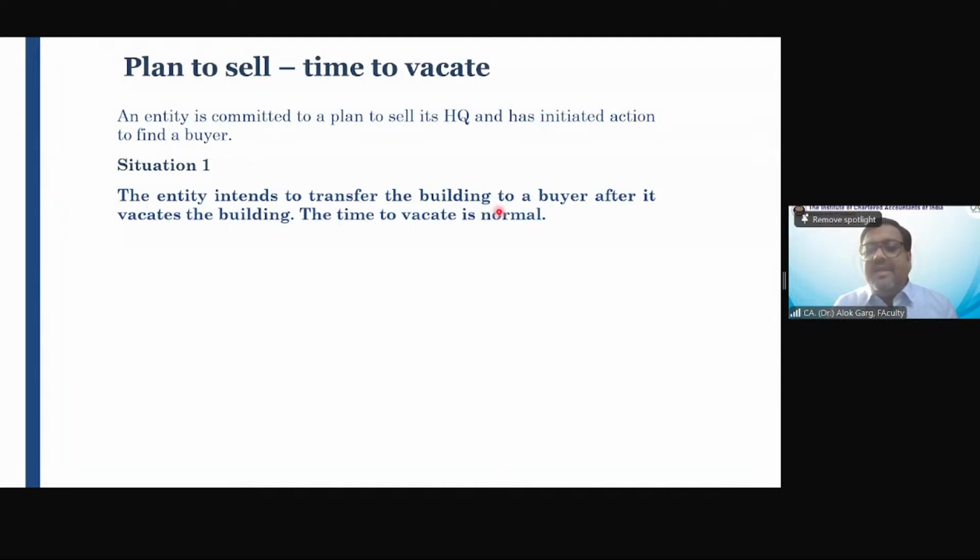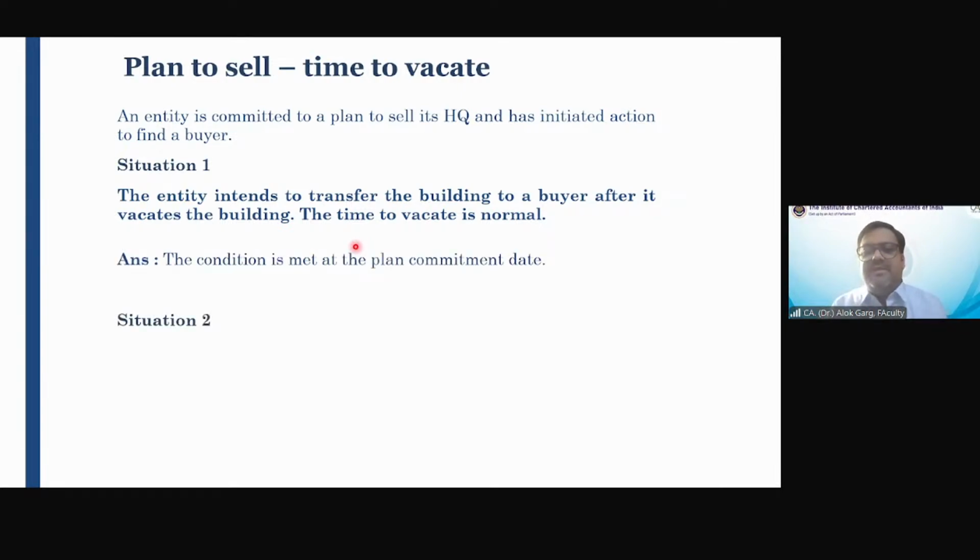The entity intends to transfer the building to a buyer after it vacates the building. ठीक है, मैं आपको दे दूंगा, पर मुझे इसको खाली करनी पड़ेगी. And the time to vacate is normal. Tell me whether the ISPC condition is meeting or not meeting. Yes, it is available for immediate sale in present condition.